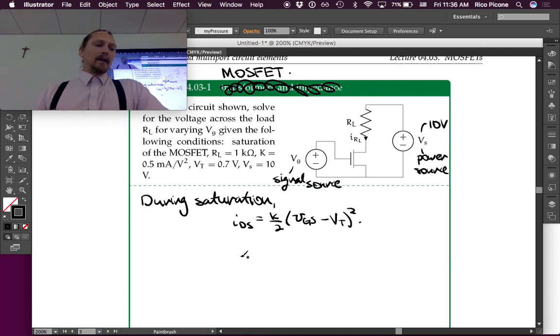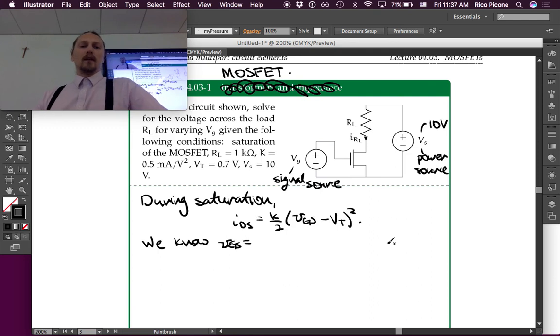In this formula, VT is a given, right? It's just 0.7 volts. So VGS is the thing that we don't know in this expression, but we actually do know it. What is VGS in this circuit, in terms of our sources?